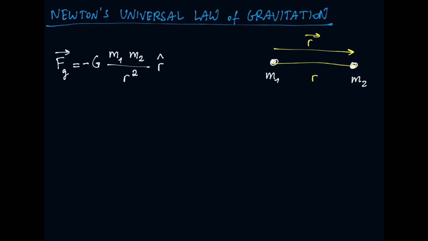Now let's talk about the various components of this expression, because this might look intimidating. There's a lot of new stuff maybe, but let's look at these things one by one.